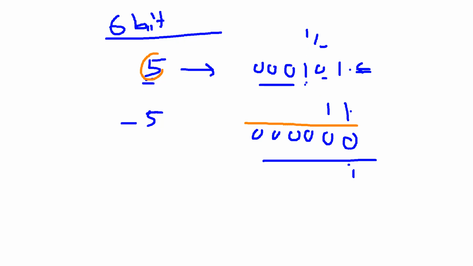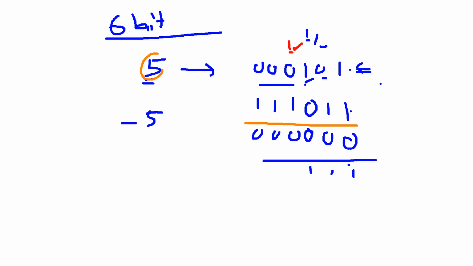And 1 carry out. 1 add something add 1 carry out, and 0 here, so it should be 0, right? 1 add 0 add 1 becomes 0 and 1 carry out. And with 1 carry in, 0 add something add 1 carry in gives 0, that means it should be 1 here, right? And this one should be 1 here and 1 here, right?